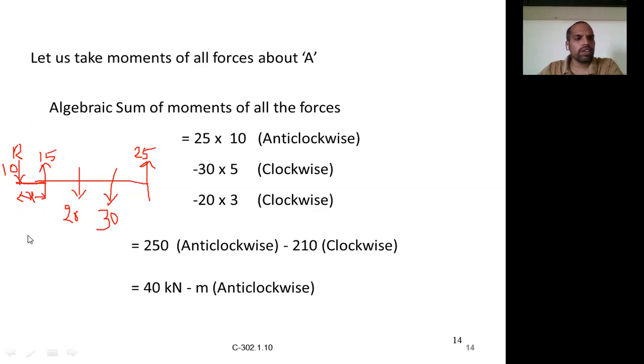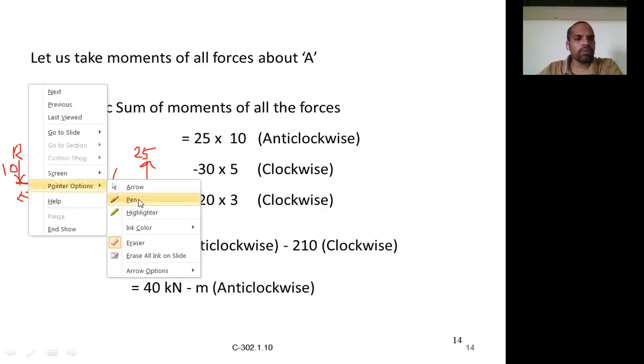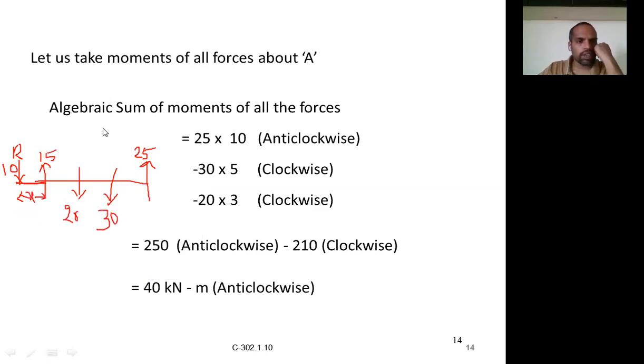Now let us take the moment about the point. Let us first find the moments of all the forces about the point A. The algebraic sum of moments of all the forces is equal to what?